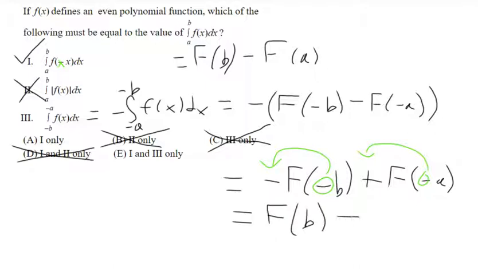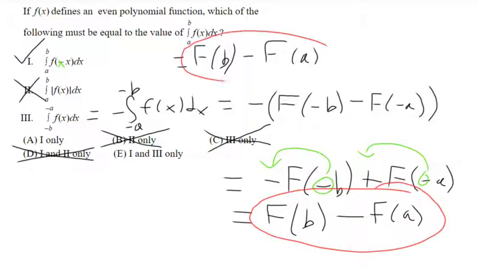And then I brought the negative here on the outside, so it's now going to be minus capital F of a. And now take a look at these two. These are the same. So our conclusion is that statement 3 is correct because it's equal to this. So we know that the answer is choice E, statements 1 and 3.